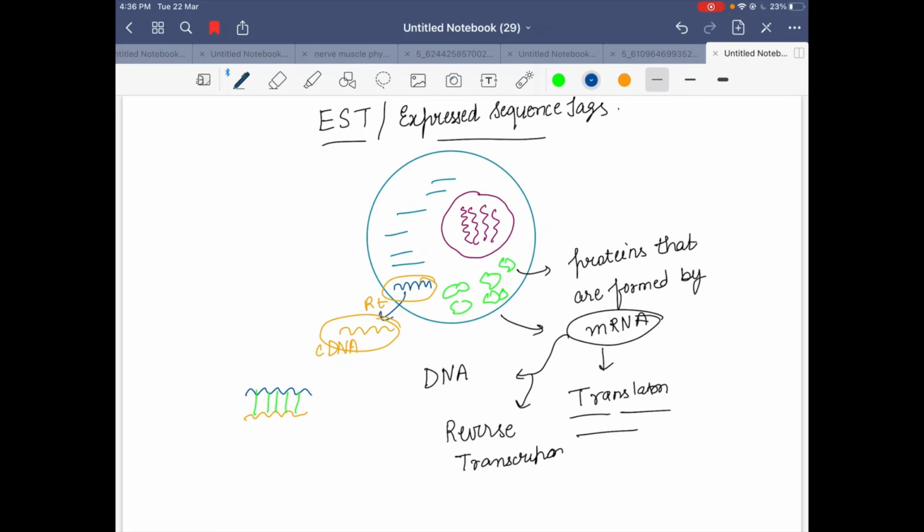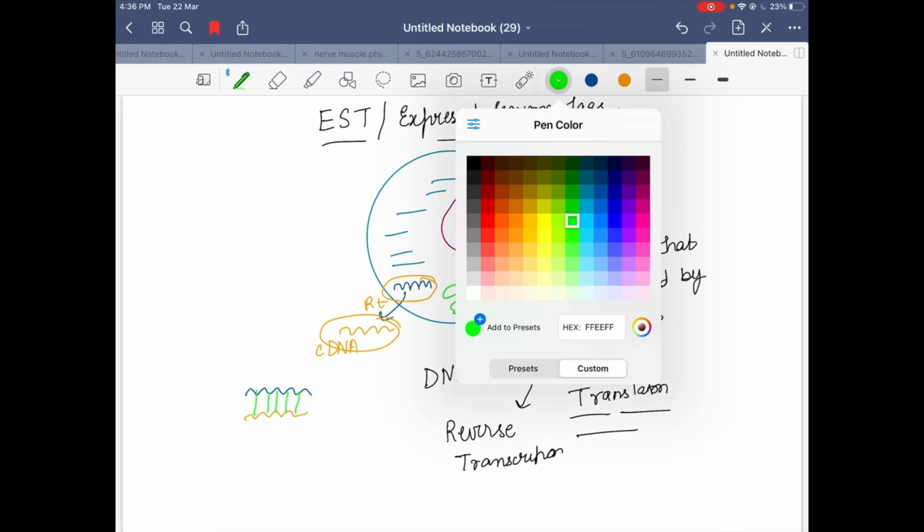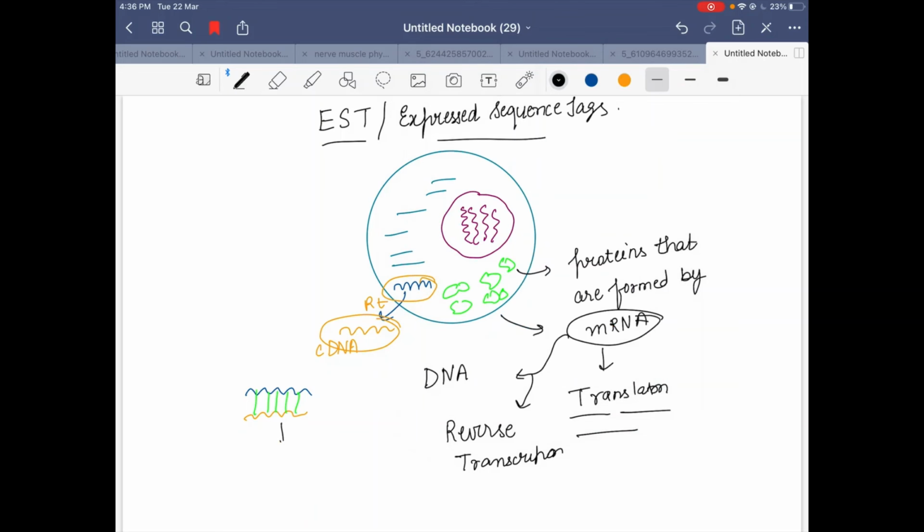Now we will use the RNase enzyme. The RNase enzyme will break the RNA and only then DNA will be left. So by expressed sequence tagging, we have identified the gene that was responsible for the formation of these proteins.